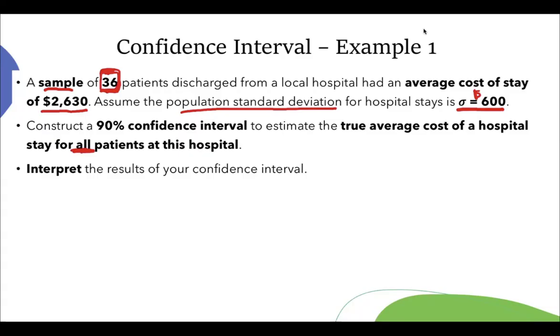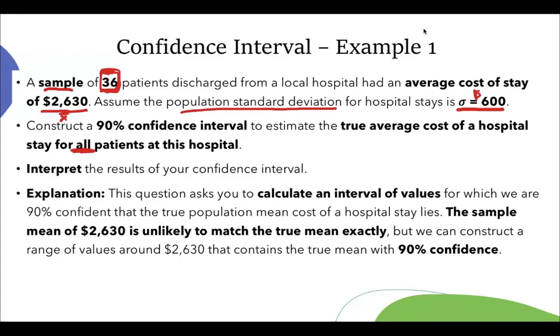Interpret the results of your confidence interval. We're not provided with any raw data. In some questions, we may be provided with raw data in which we have to calculate the X bar. Here, we're given the X bar.